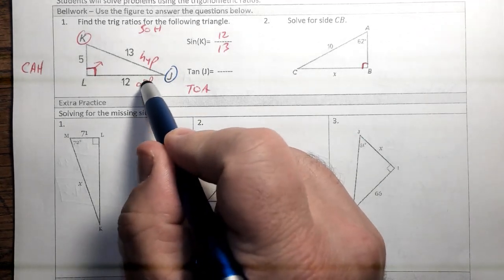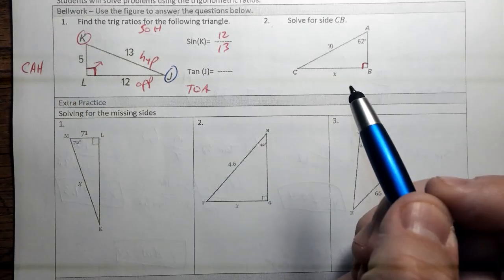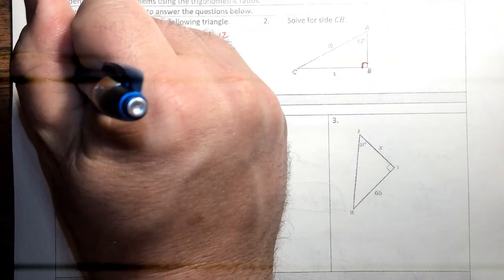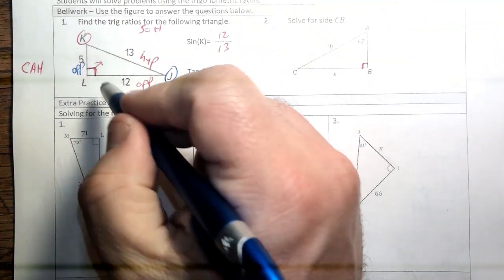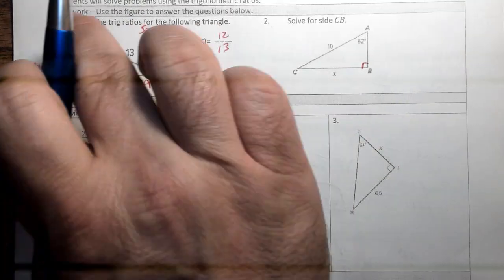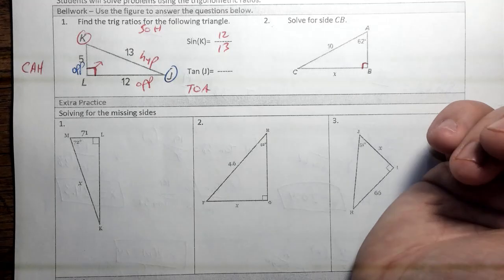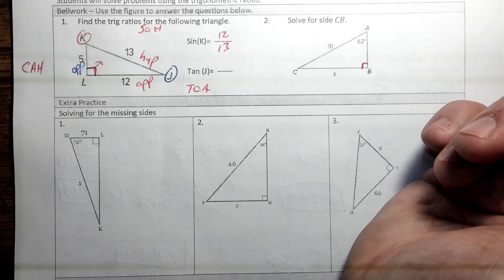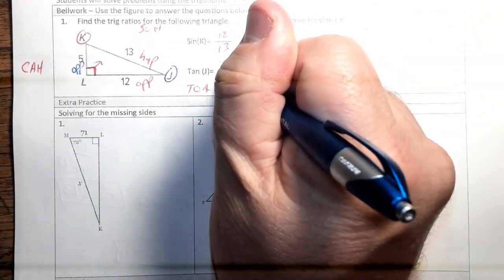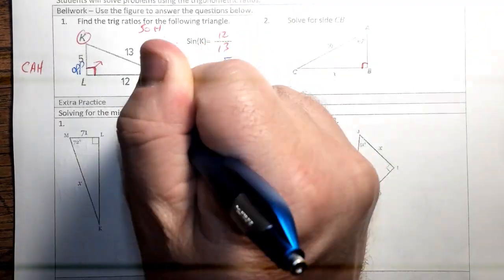Don't use this, because these are for angle k. For angle j, it's on the right, so its opposite is the left. See, k's opposite was here, j's opposite was here, and the adjacent would be flipped as well. We'll talk about that later in the lesson too. So tangent for j, the opposite here is 5 over the adjacent, which is 12.